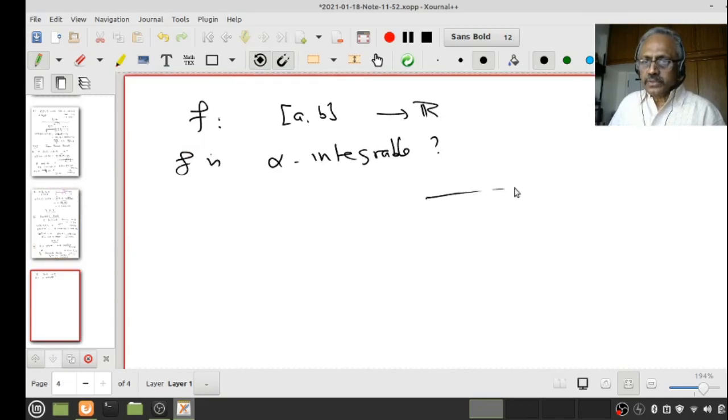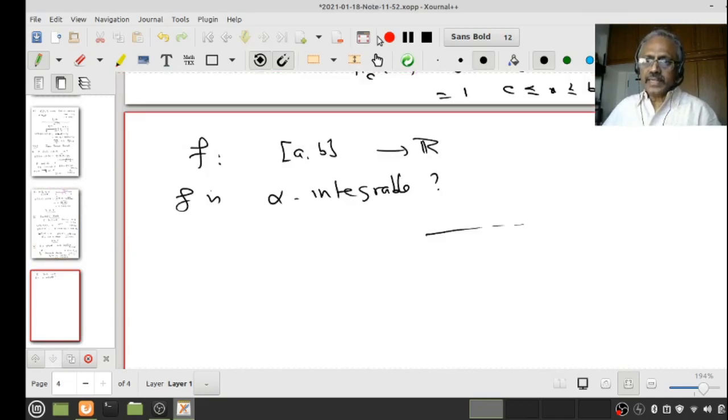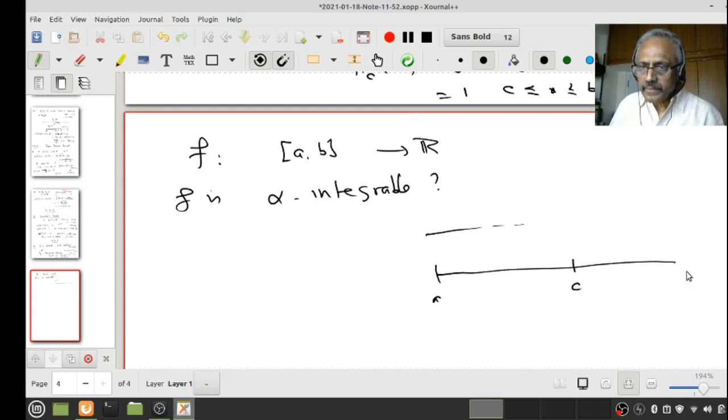Unlike the step function which I did, here you can see from c to b, including c, it's a constant. So that gives us some idea. Maybe I should look at a, c and b. c need not be the midpoint or anything.